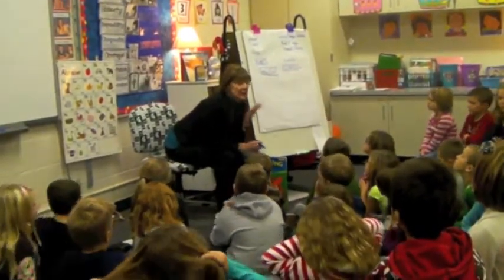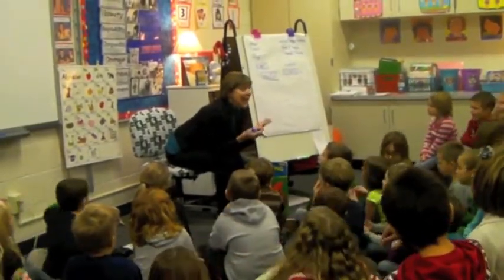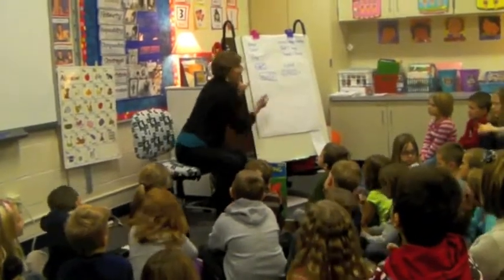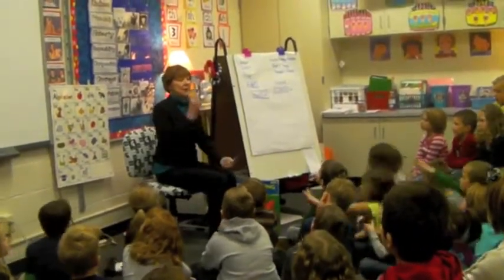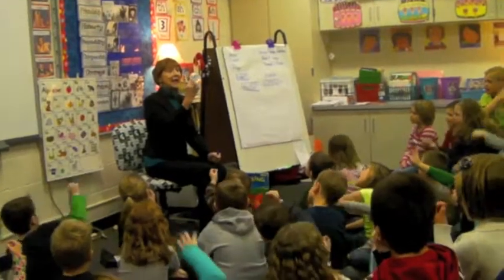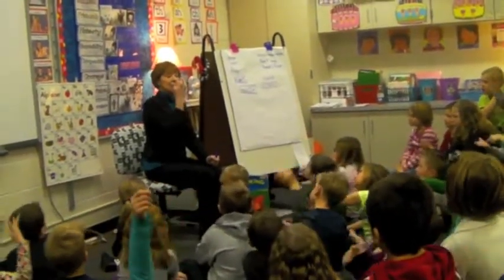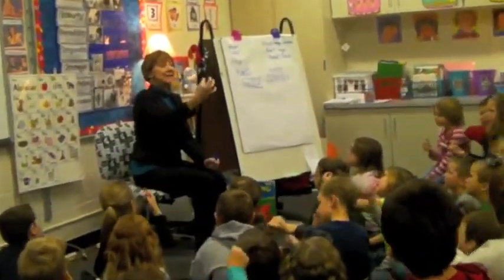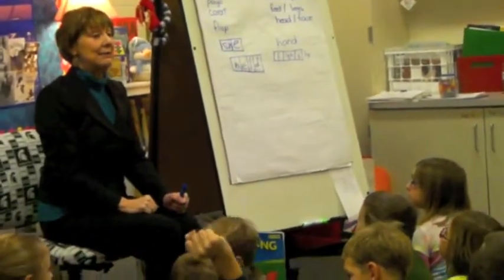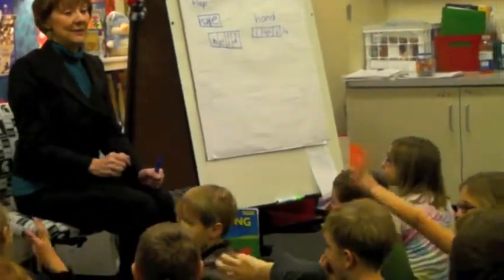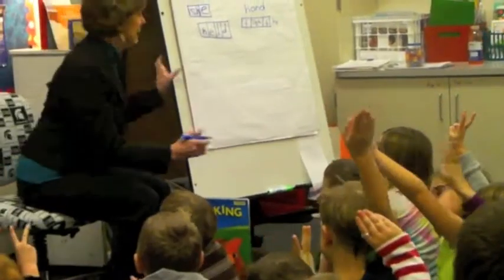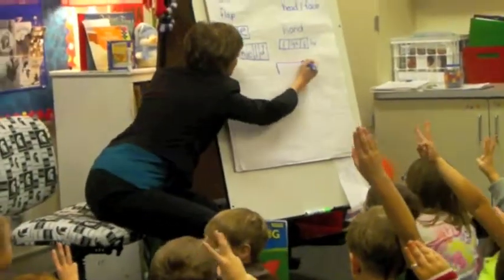And I'm thinking, pace. How many sounds? Stretch it out. Use bubble gum, stretch it out. If you know how many sounds, show me with your fingers. Count them out. I'm seeing 3, and you're right.